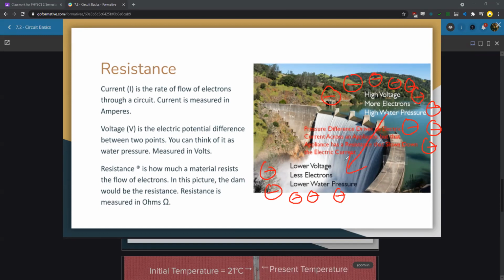It's the fact that there is a potential difference here. Remember, voltage is basically electric potential. Because there is a potential difference here, that is the reason why you have electricity, which is why you have a flow of electrons.